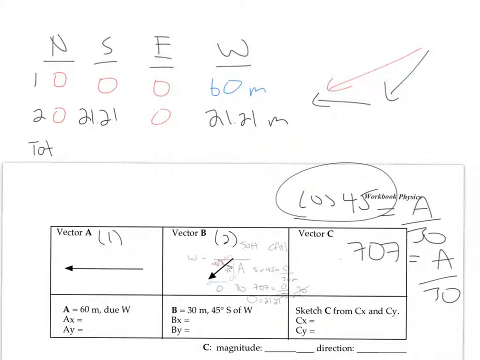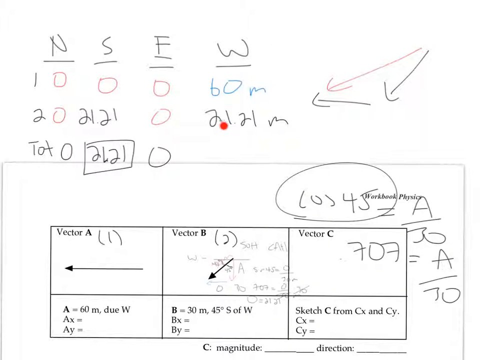Okay? And now actually this is going to work like this. What's my total vectors now? What's my total in the north direction? Well, that's going to be 0, right? What's my total in the south direction? South is 21.21. Put a little box around that, since that's going to be useful. East is 0.